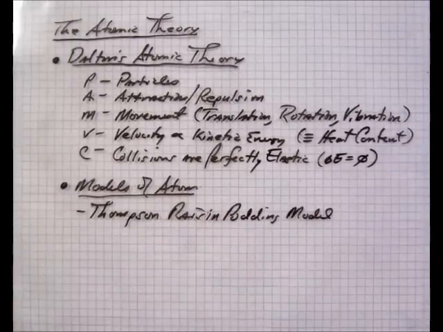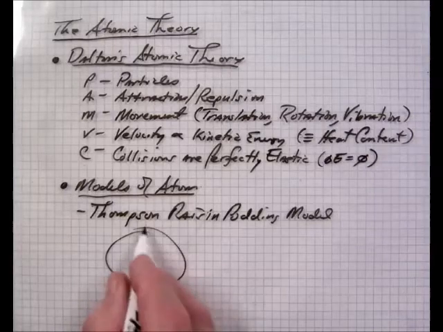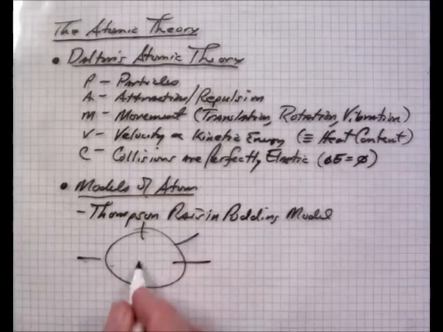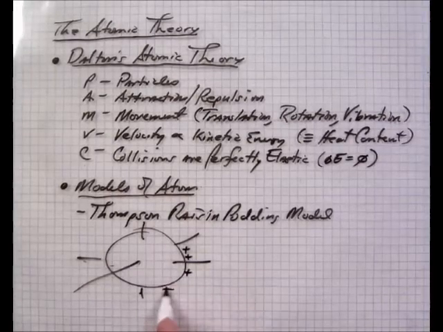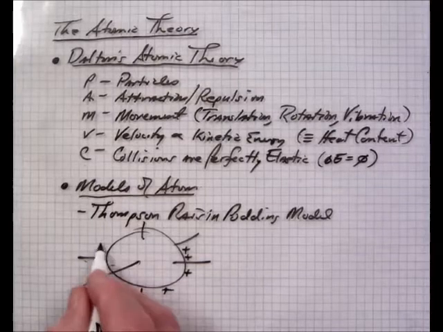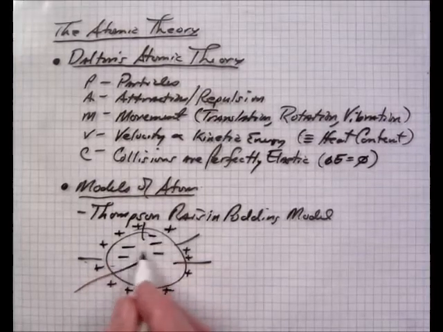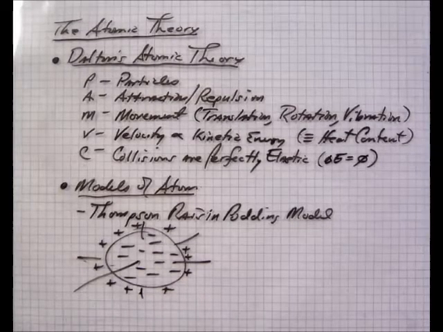In the Thomson model, he visualized a sphere, and this sphere was positively charged all the way around. And in the sphere were suspended electrons, like raisins in a gelatin pudding.